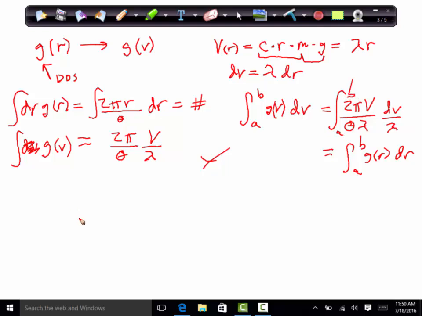So in the end, our total number of people that can fit in the stadium is equal to the integral from a to b of 2 pi v over lambda theta squared dv. Now the last thing we have to do is transform these limits.